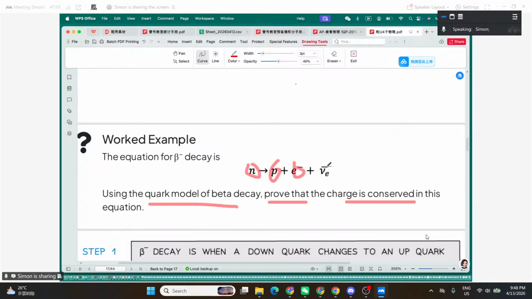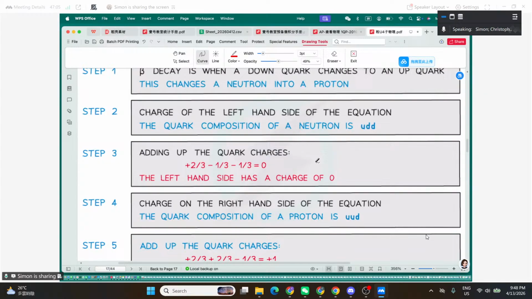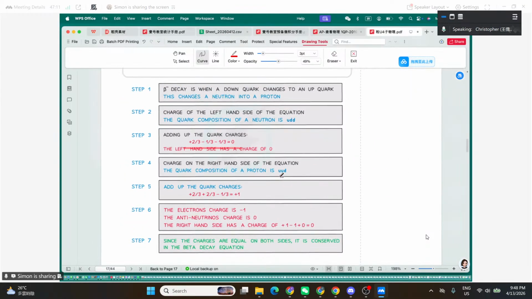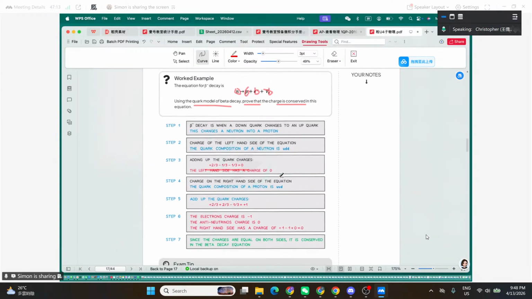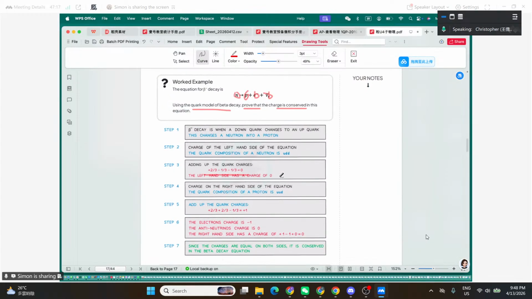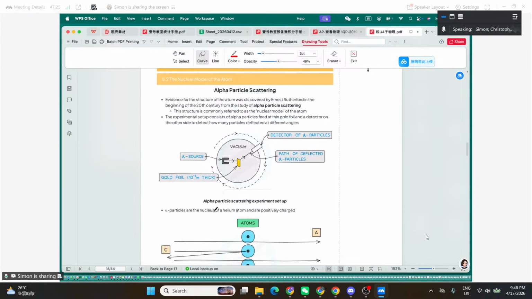And then a down quark with charge minus 1/3 becomes an up quark with plus 2/3, losing the electron charge. Understand now? Okay.